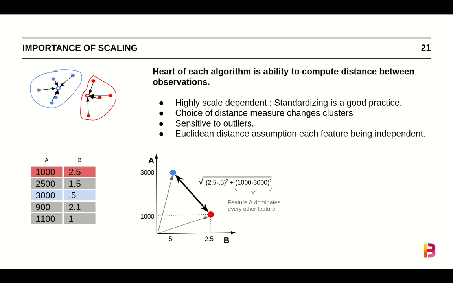At the heart of these algorithms is the ability to compute distances. It's the distance from one point to another or to the centroid. Now we saw there are many ways of calculating these distances. Some of the easiest and most useful ways is to do a hypotenuse type of calculation, which is also called a Euclidean distance.